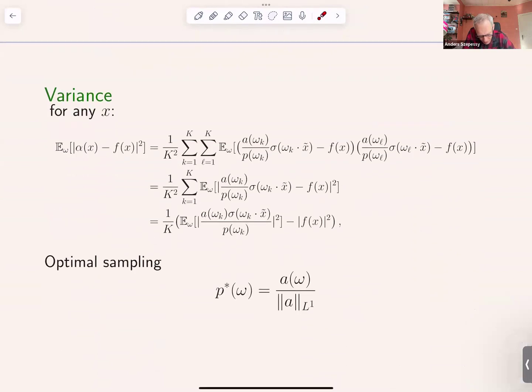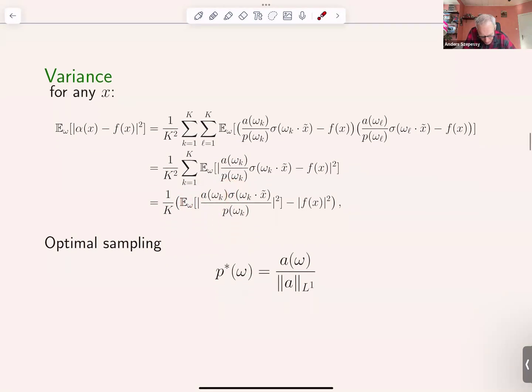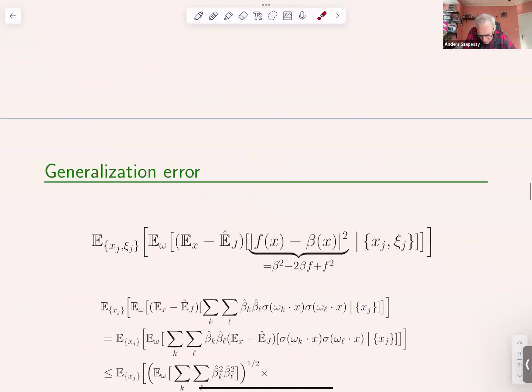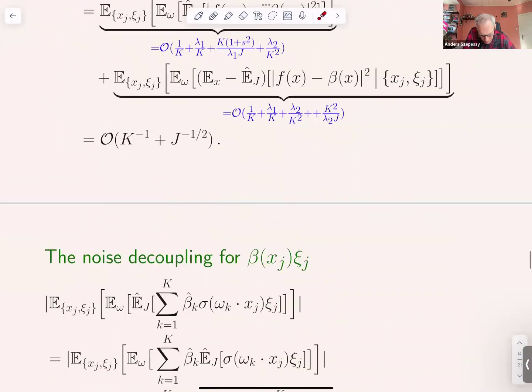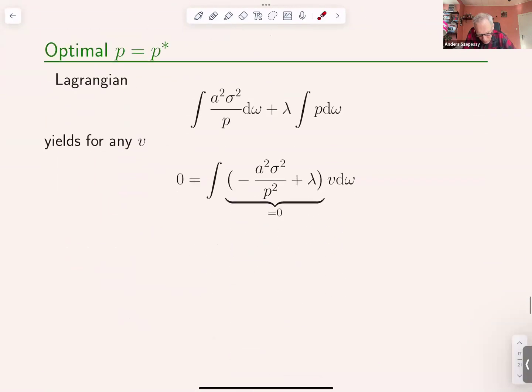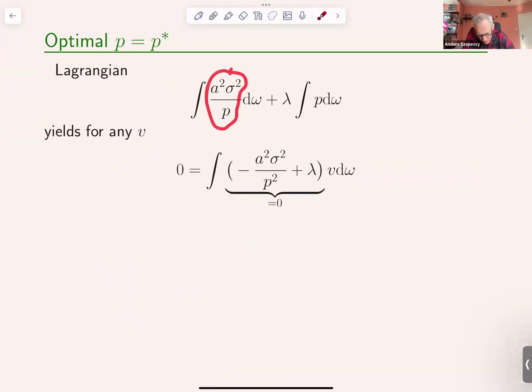Yeah, the variance we have here, A squared sigma squared divided by P squared, and then when you take the integral over the density, you get only 1 power of P. That is what we have here. And then we need the integral over P to be 1. So we have a Lagrange multiplier here for that.